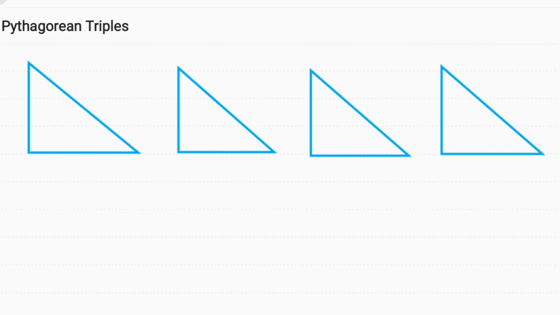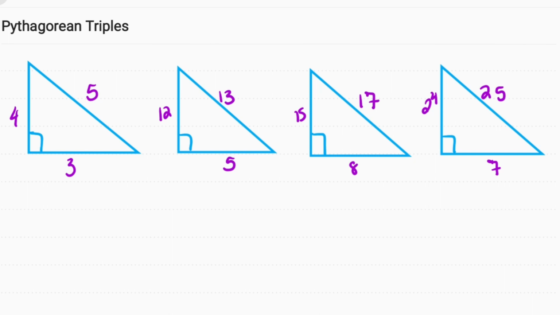So if they tell you it's a right triangle and they give you 2 side lengths, you can figure out what the third one is without doing the Pythagorean theorem because of these 4 Pythagorean triples, which are 3, 4, 5; 5, 12, 13; 8, 15, 17; and 7, 24, 25. And so what does it mean that it's a Pythagorean triple?